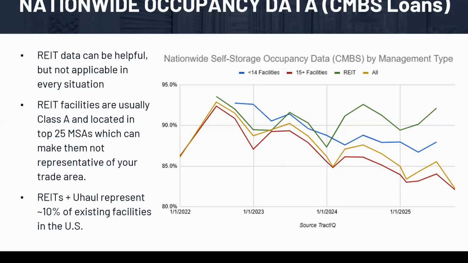You can see here we broke out the trends of occupancy, looking at it three different ways. The first is the green line, the REITs. We wanted to compare REIT occupancy, and these are facilities with CMBS loans that are managed by REITs, versus occupancies of facilities that are not managed by REITs. The red line is facilities managed by operators with 15 or more facilities, and the blue line is facilities managed by groups with 14 or fewer facilities.